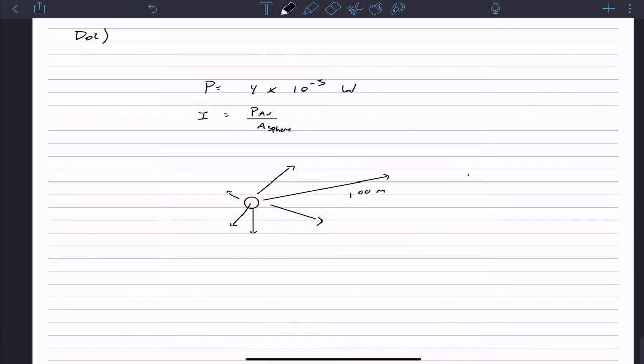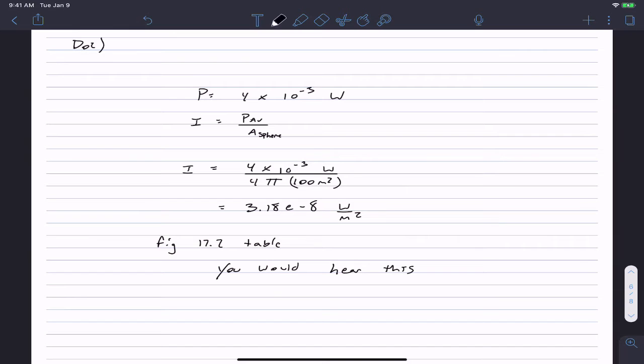The area of a sphere is 4 pi r squared, so this is going to be 4 pi times 100 meters squared. So we just plug in this value and we end up with the result.